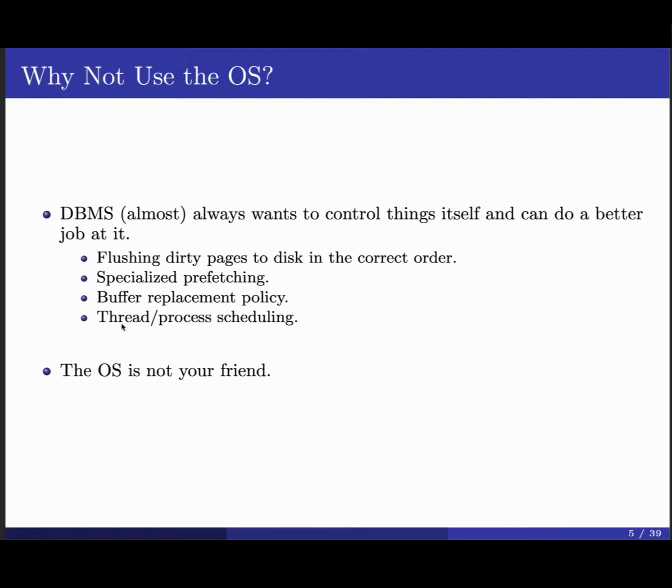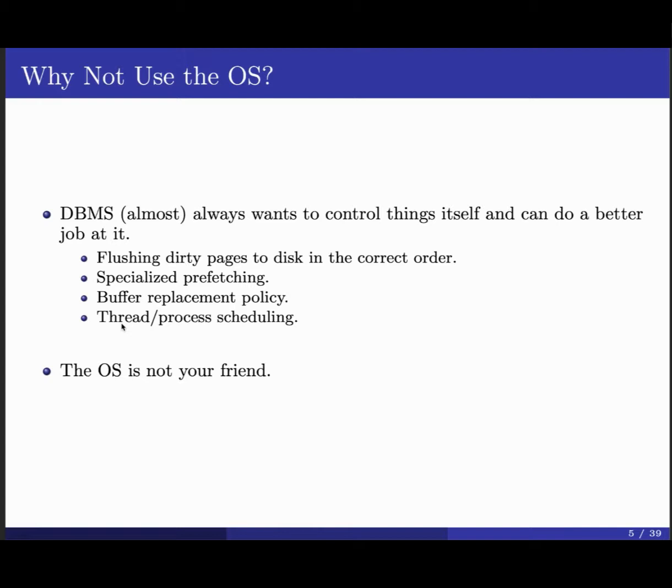When you start building a database management system, when you talk about how we create the blocks, how we store the tuples inside the blocks, and how we arrange the blocks on the disk, the database management system is going to be aware of the content of the data. So it's going to have a better idea.